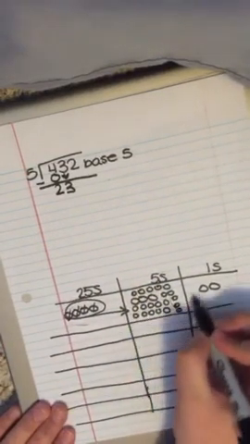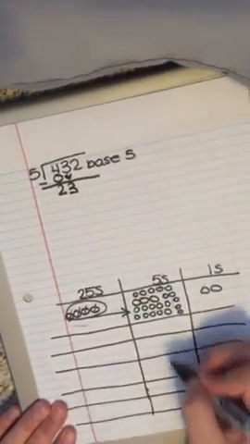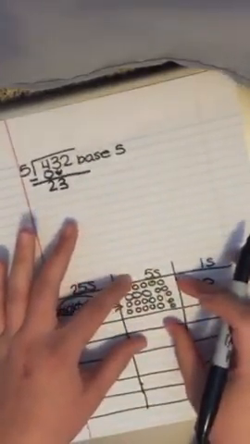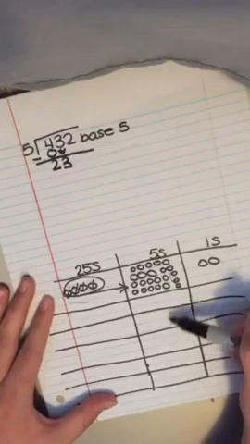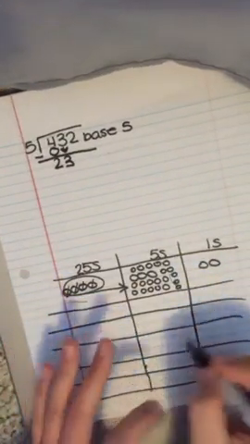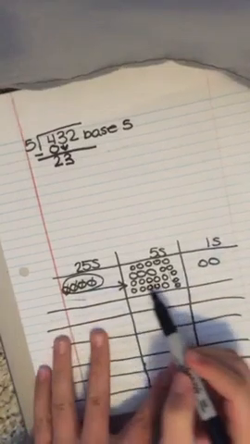The next thing that we're going to do is break this entire group of chips evenly into these 5 groups. We're going to see how many chips will be in each group if we equally distributed all of them.